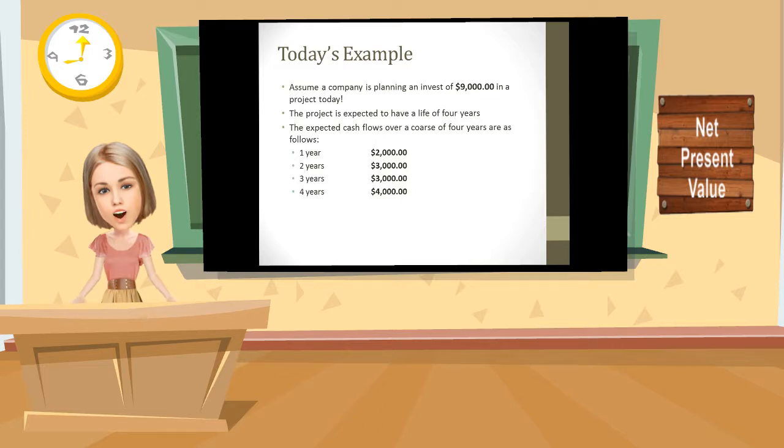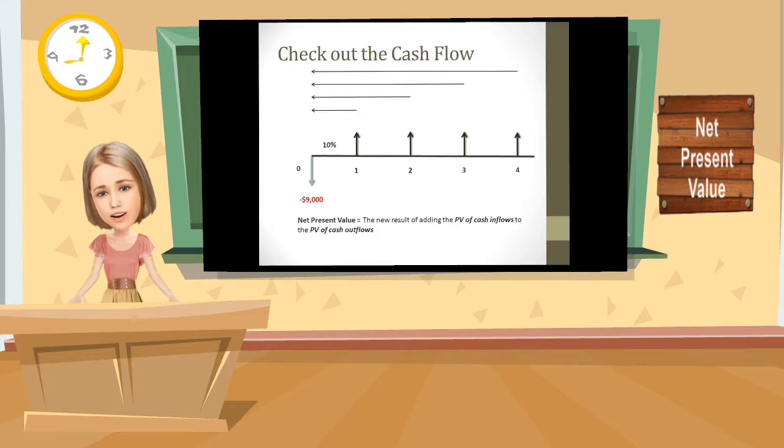Now, to make more sense of this, let us move to a timeline to visualize the described cash flow. You can see, we have an internal investment of $9,000, at time 0, an illustration of the investment taking place today. The demonstrated cash outflow should be illustrated below the baseline as a negative cash flow.